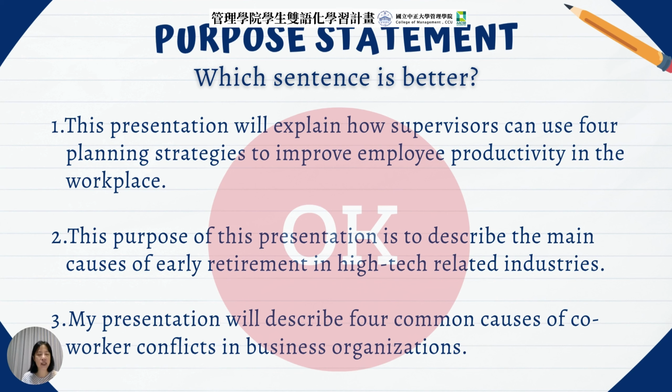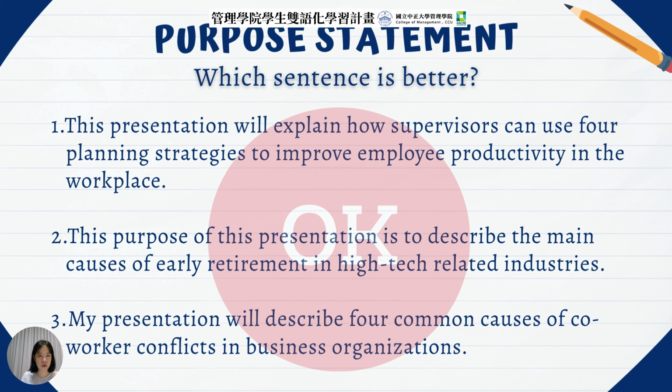Basically, sentences number 1, 2, and 3 are all very well organized as purpose statements, because all these 3 sentences are specific, concise, clear, and goal-oriented. For example, in sentence number 1, you know some planning strategies on employee productivity. Of course, you focus on the workplace.